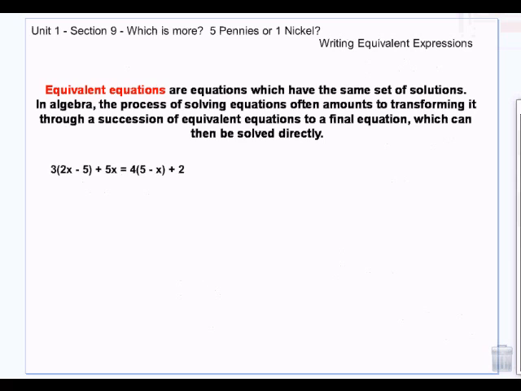Okay, so equivalent expressions, I should have put expressions here too. They have the same set of solutions. So this is the first step in solving a complicated equation: to make equivalent expressions.